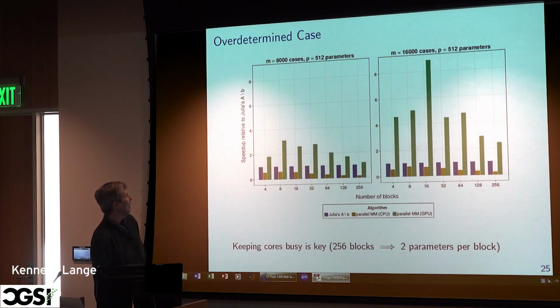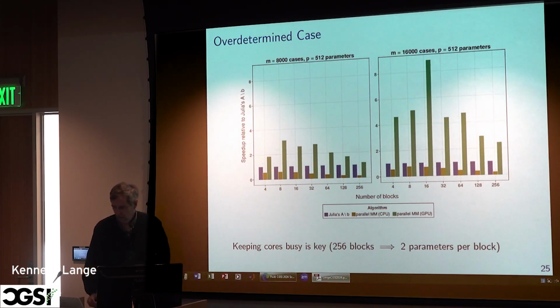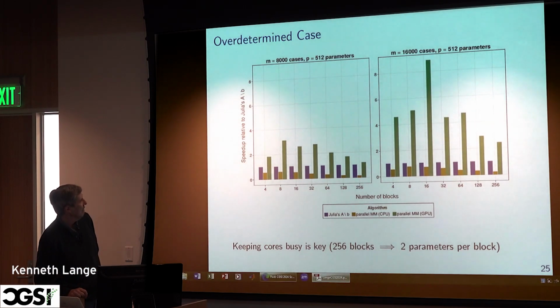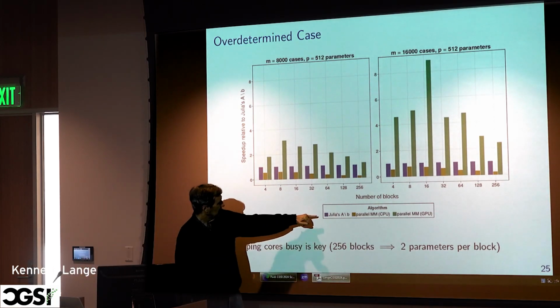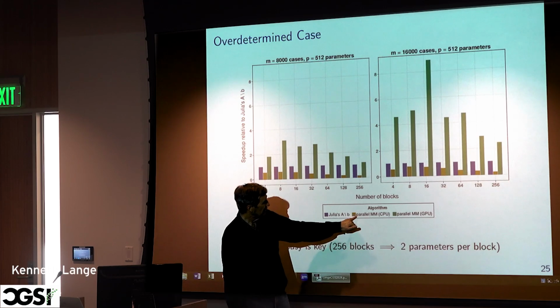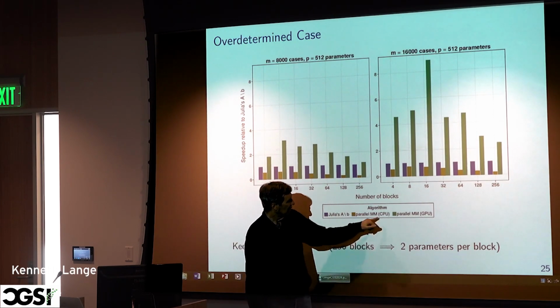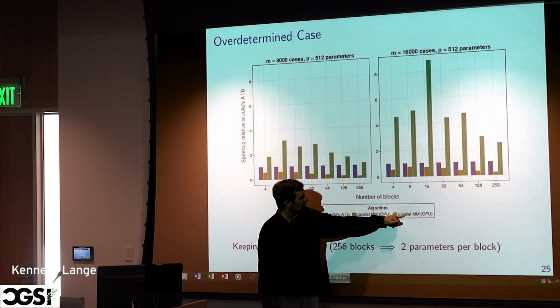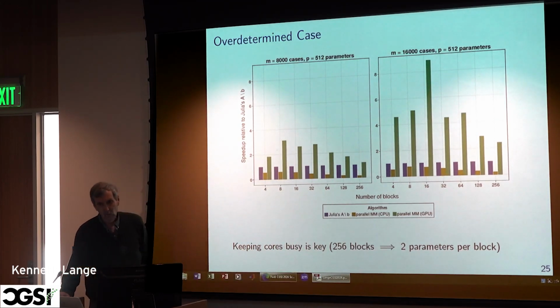Now here I've shown the speedup. So the higher the bars, the better. The horizontal axis is the number of blocks. Purple is Julia's built-in way of solving the least squares problem. This is parallel MM, what I've just described, using CPUs. This is with GPUs. So the CPUs don't give us that much because we're increasing the number of iterations. We have to iterate now.